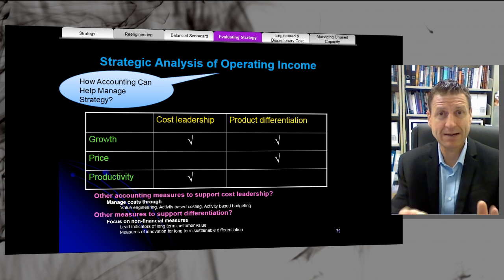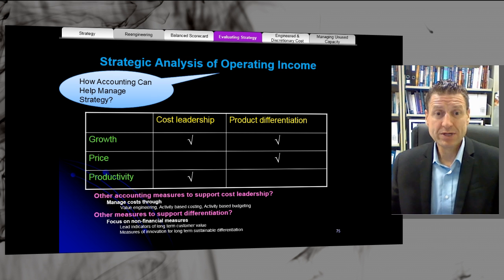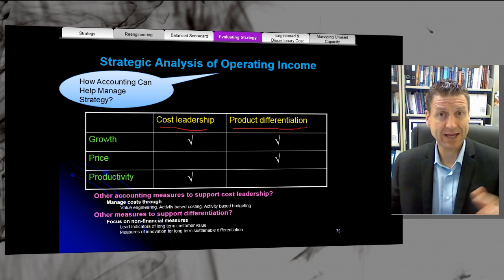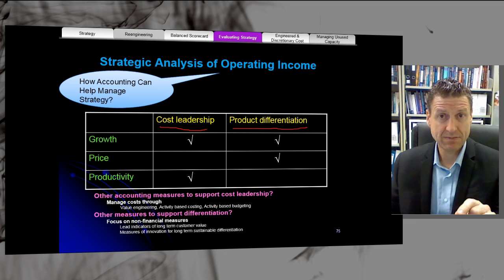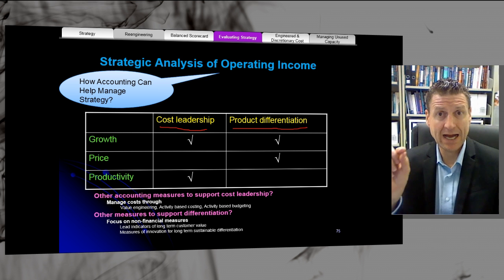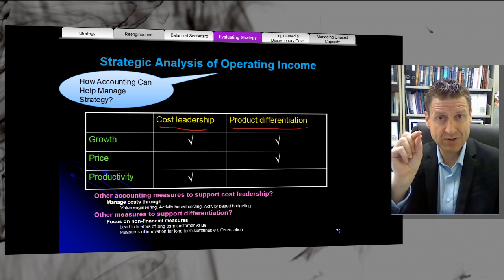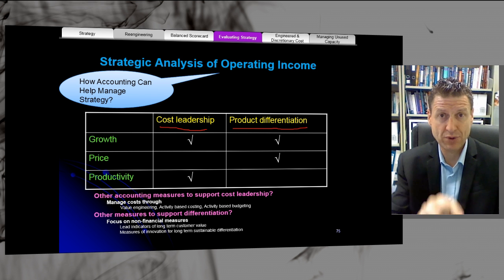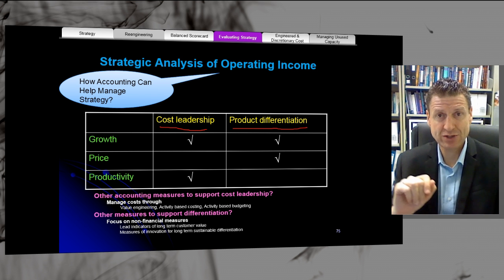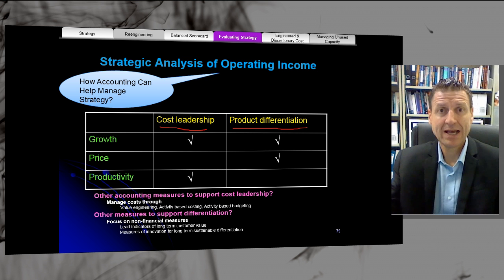Now, depending on the company's strategy, whether it's cost leadership or product differentiation, and we have covered that in previous areas. Cost leadership is where the major bulk of your customers are focusing on price when they're buying your product. Product differentiation is where, for the bulk of your customers, the main decision in choosing your product or service is basically non-price factors.